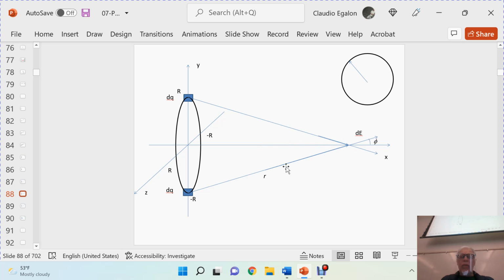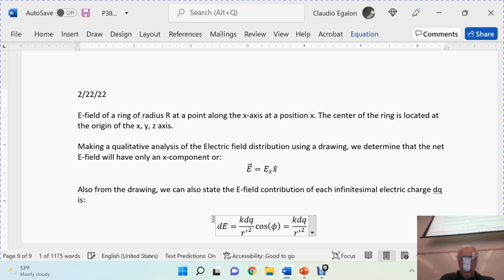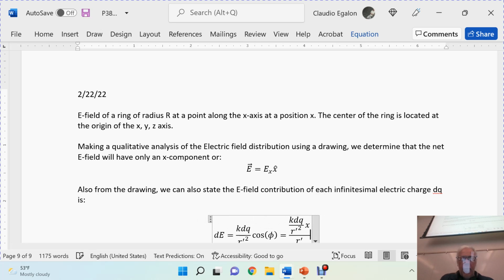So we can state that x divided by r prime is cosine of phi. You see how important it is to do those drawings?